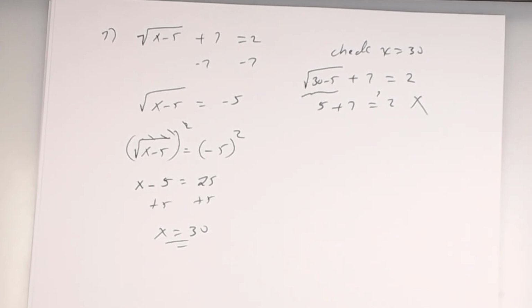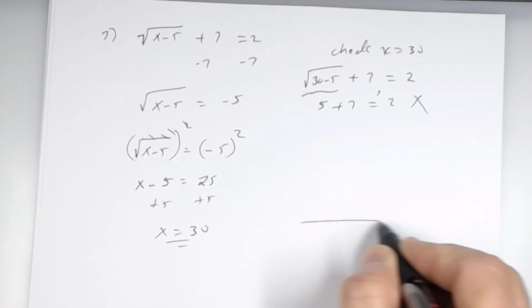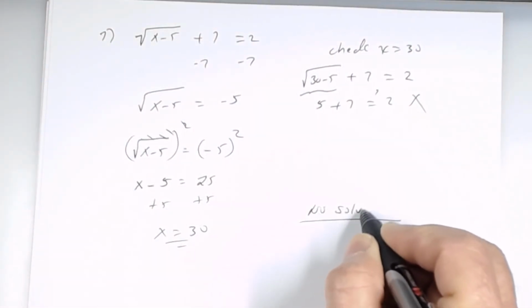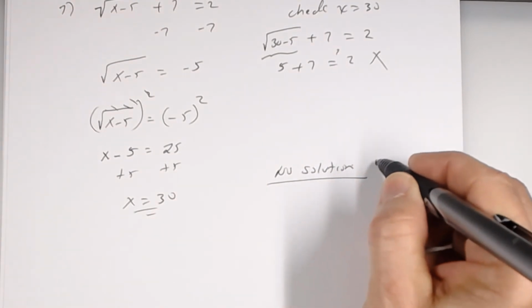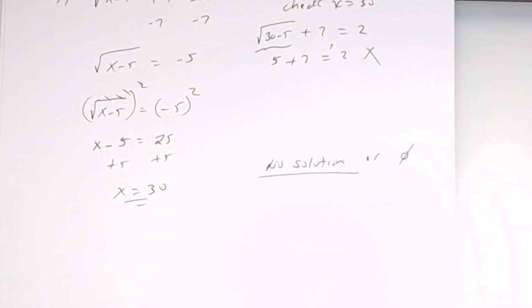So there's no solution. Now, in my math lab, they will use either the words no solution or the symbol. What's the symbol? The empty set symbol. So remember, it looks like this. And it doesn't matter which one you use.